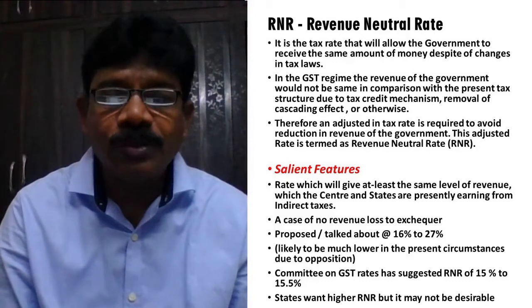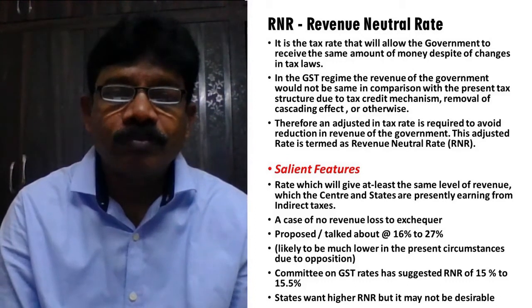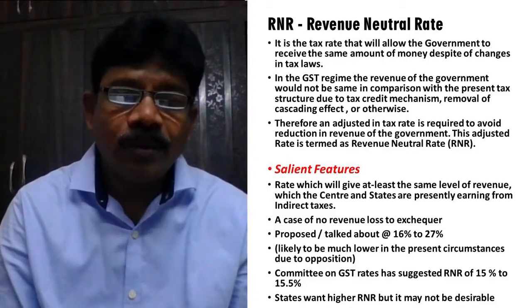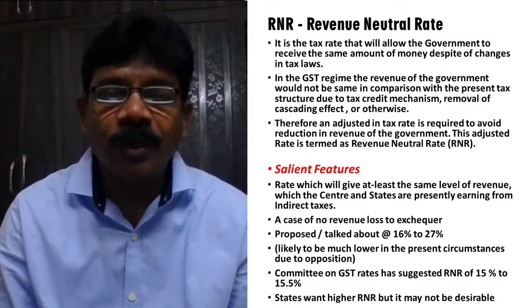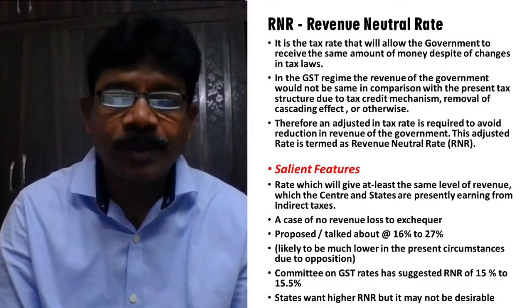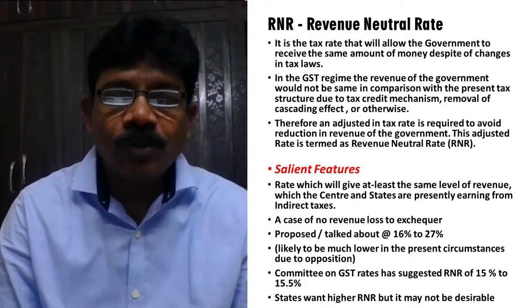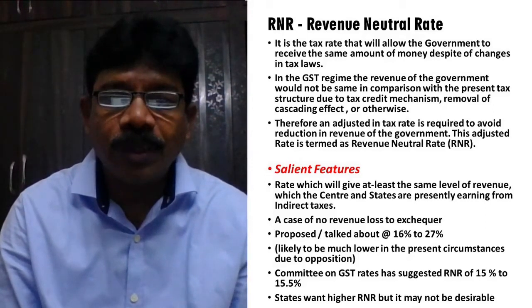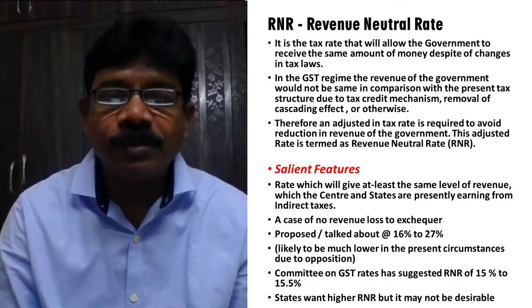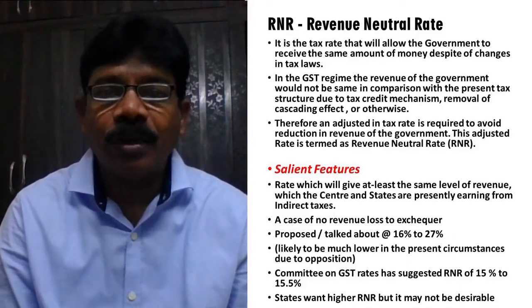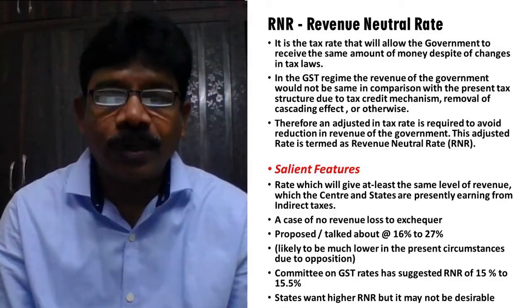It should not lose that 1 lakh rupees. It should get more than 1 lakh rupees, or at least 1 lakh rupees. So what is the rate they have to adopt to get this 1 lakh rupees? That rate is called RNR, revenue neutral rate.